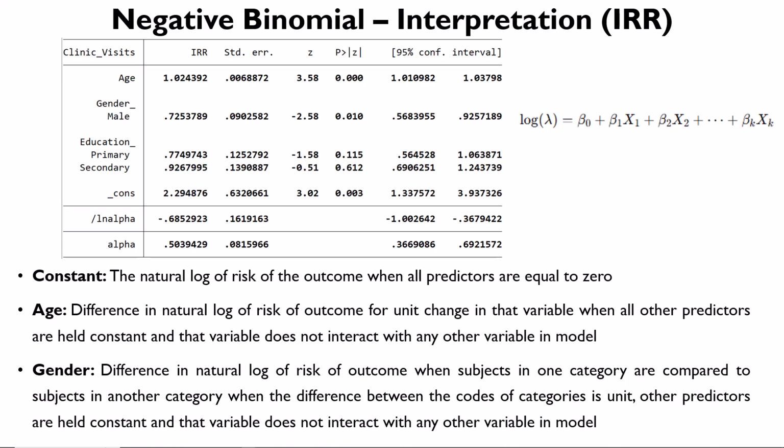Generally speaking, if you have an incident rate ratio of 1, it means that variable is not associated with the number of clinic visits. A value above 1 shows that that variable is associated with higher clinic visits, and less than 1 shows that variable is associated with lower clinic visits.